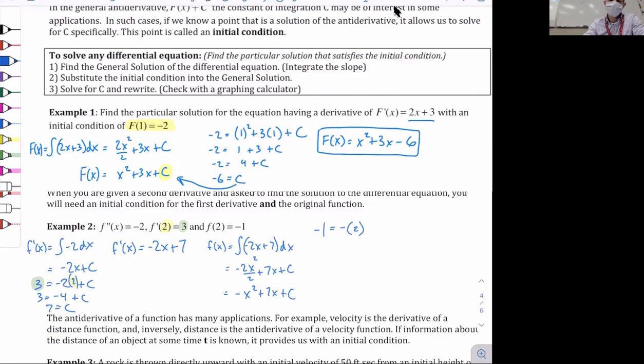So -1 equals negative of 2 squared plus 7 times 2 plus c. And we'll go ahead and solve. And that c equals -11. So we will just substitute that in for c and get -x squared plus 7x minus 11.